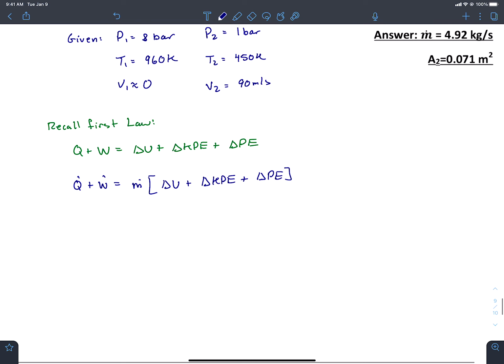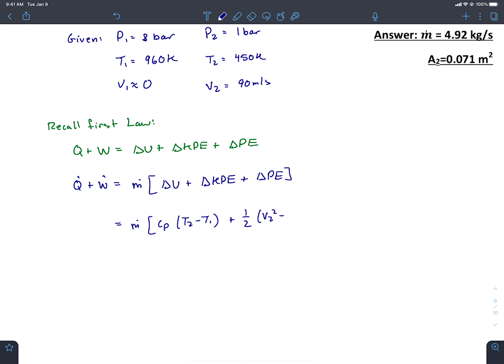And writing this out further, you have m dot times Cp delta T, which is T2 minus T1, plus 1/2 V2 squared minus V1 squared plus g, for gravity, times the change in height. Sorry, it's supposed to be Z2 minus Z1.